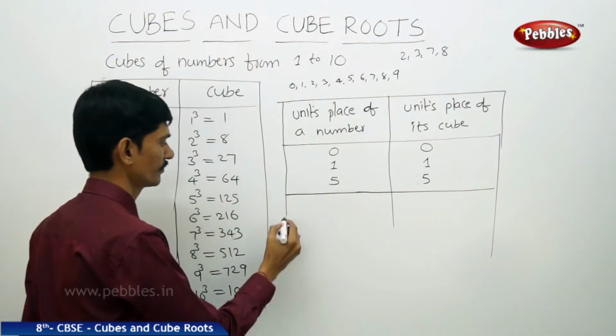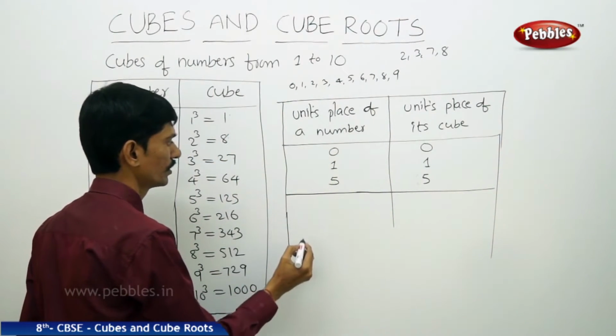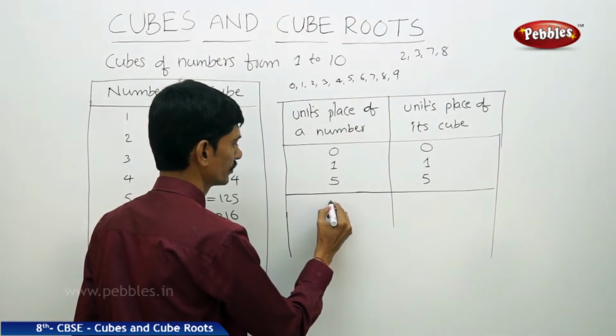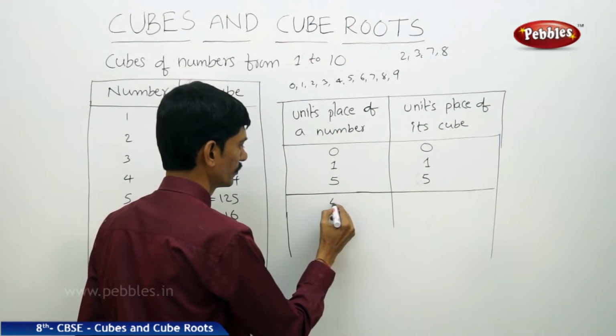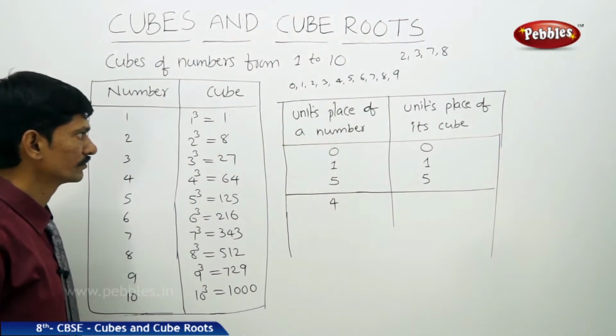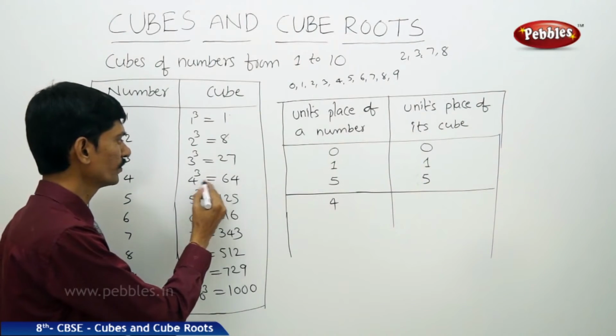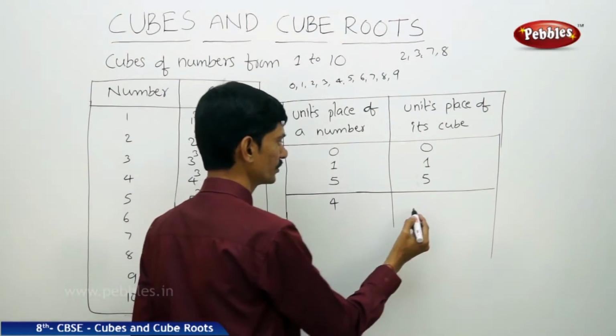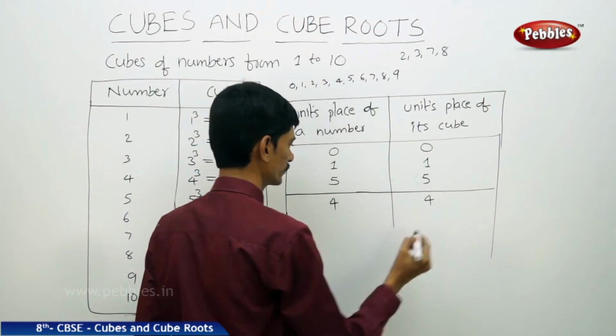Next, if the given number ends with 4, then what about the cube of the given number? 4 cube is 64, so the cube of the given number also ends with 4.